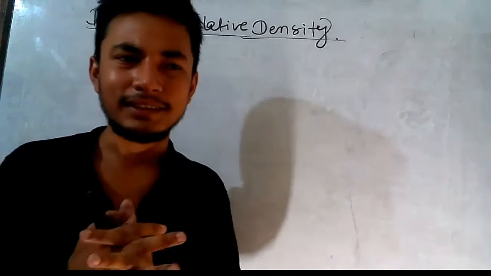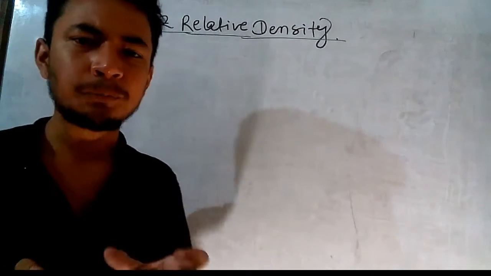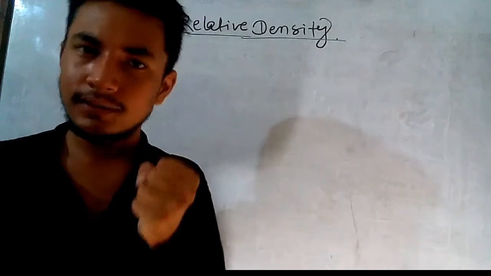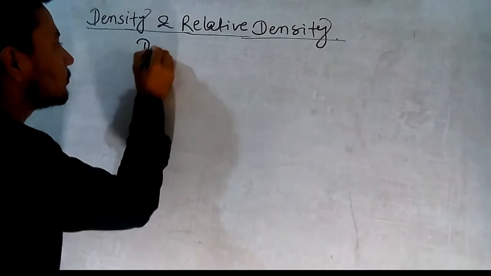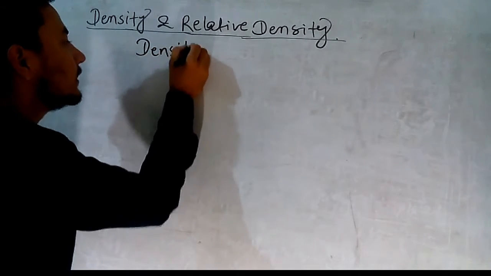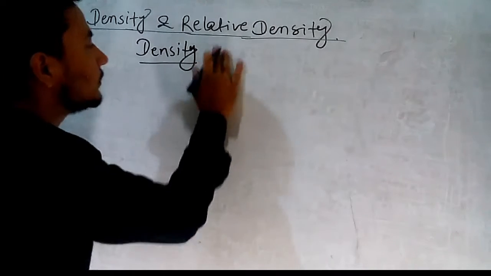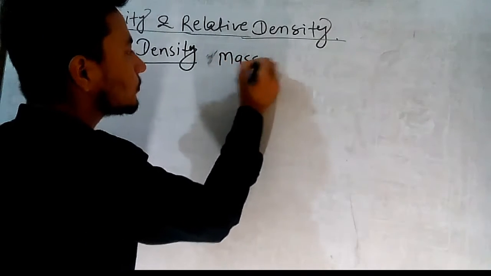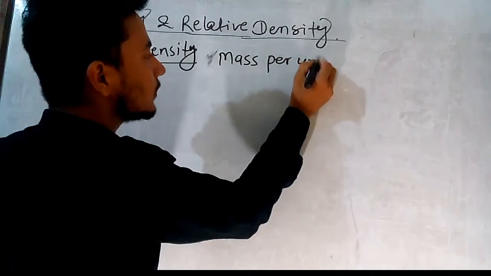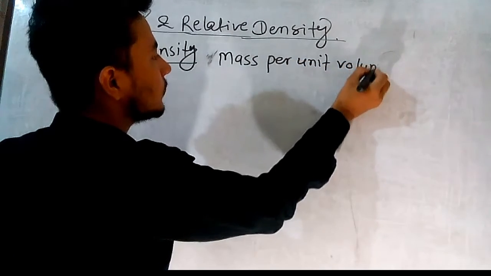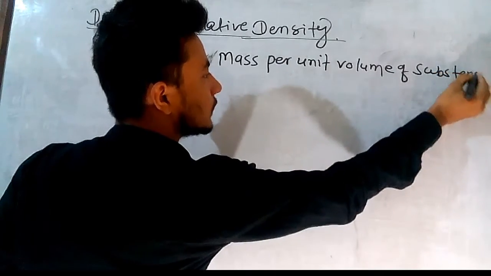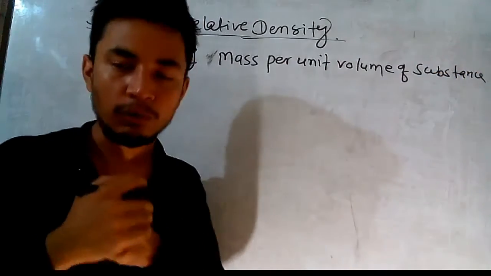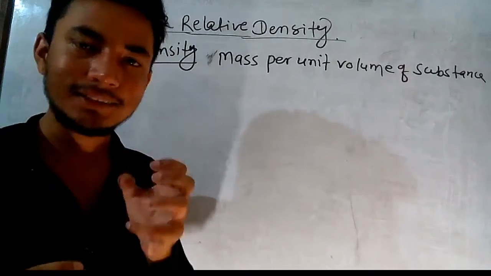So what is density? The mass per unit volume of a substance is called density.